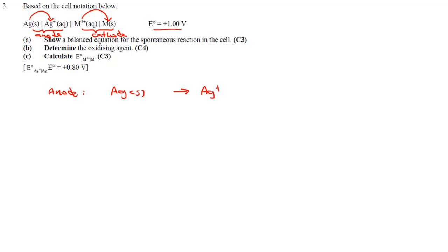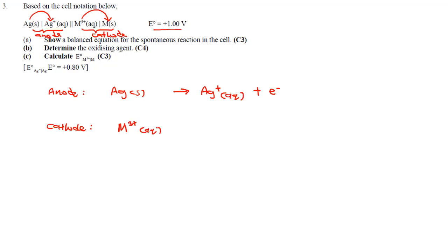Okay, so again kena recall balik macam mana cara nak balancekan redox equation semua. Okay, so sekarang we have positive 1 on the right, so kita tambah satu elektron kat sini lah. Okay, dan dekat cathode we have ion kita.